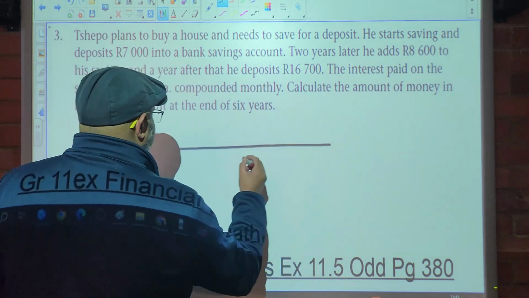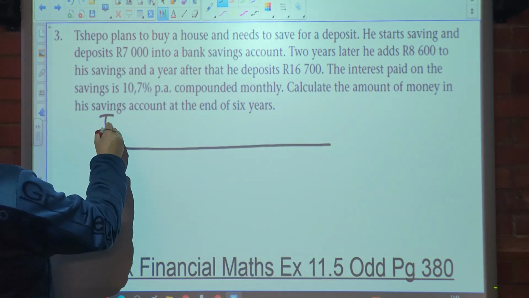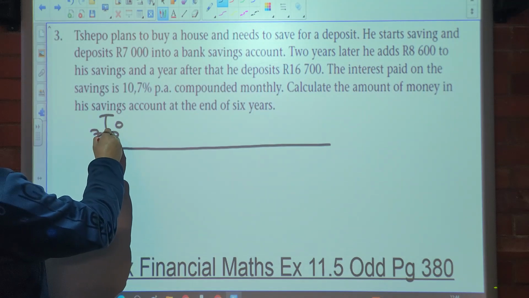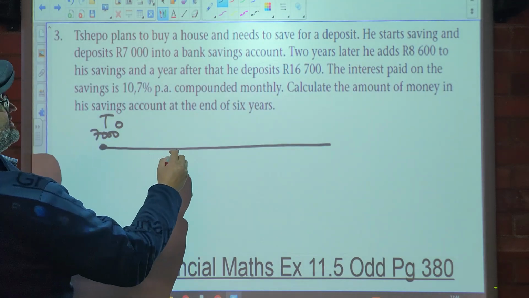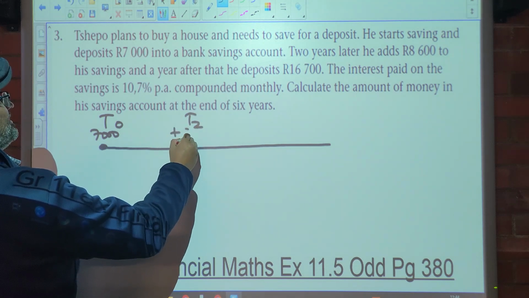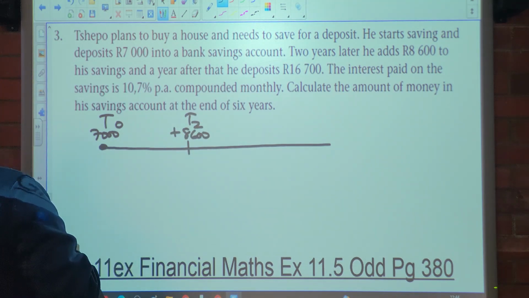Let's go. So where do you start? T0, he deposits 7,000 Rand. 2 years later, so he's going to take it to T2, he adds another 8,600 Rand to his savings.